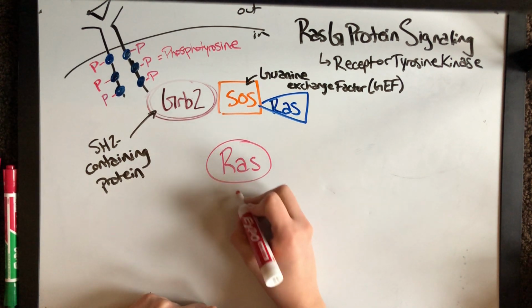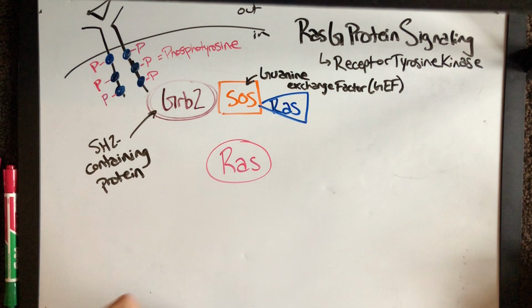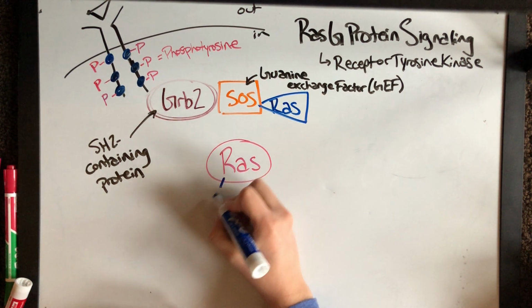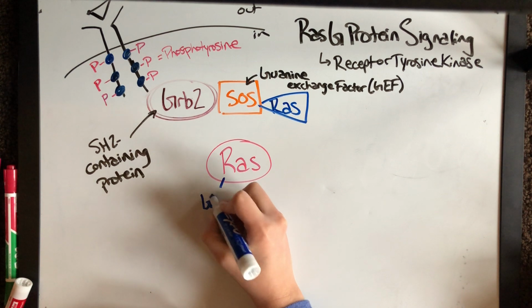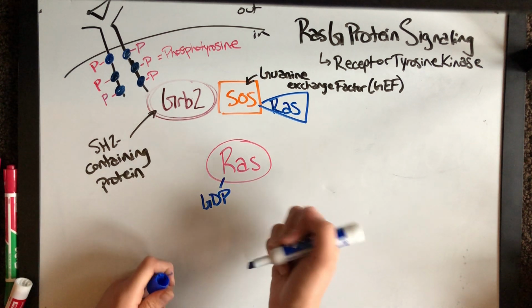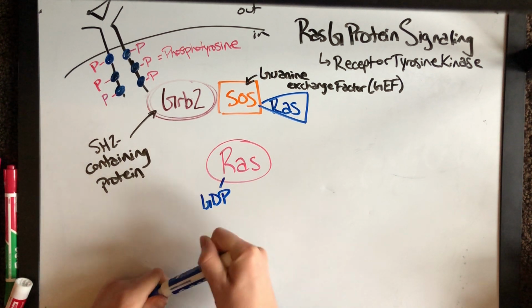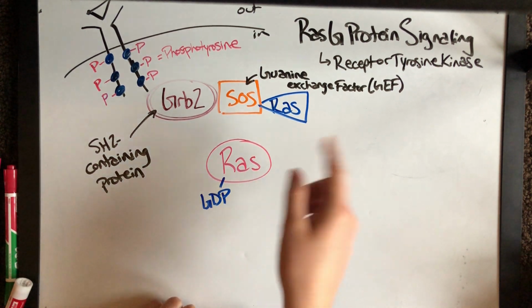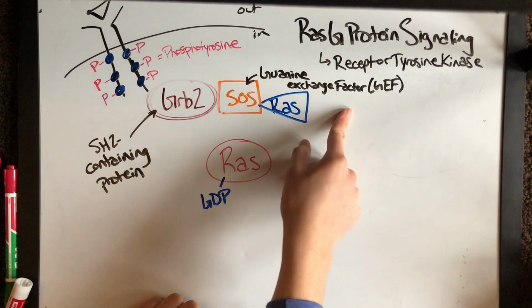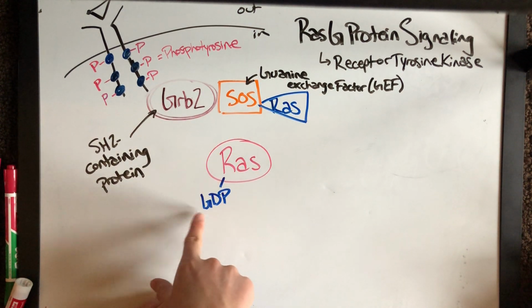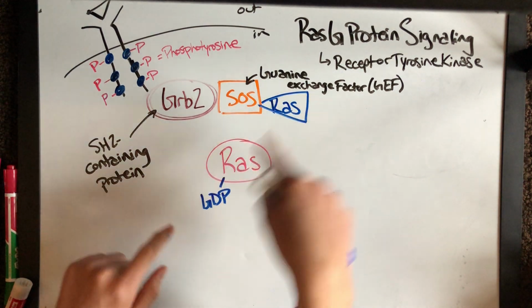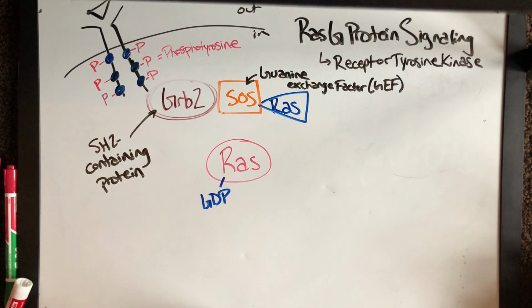And this RAS currently has a GDP attached to it. Diphosphate, right? So there's two phosphates. What this guanine exchange factor is going to do is come in here, the guanine in the GDP. So that's why it affects the RAS.